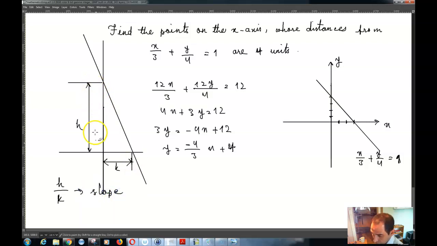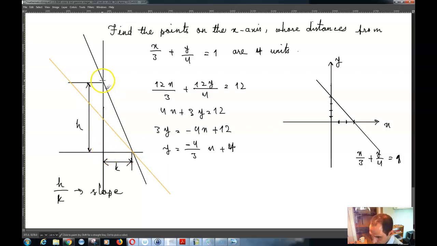And you see the ratio would of course be much larger than if I, for example, drew this line. Over here, this ratio of h to k is nearly 1, meaning that this distance is nearly the same as this distance.